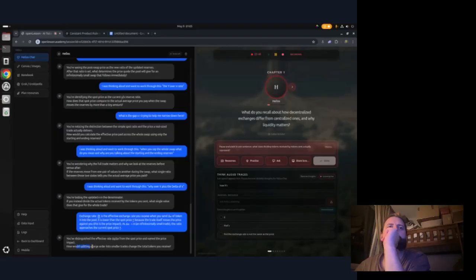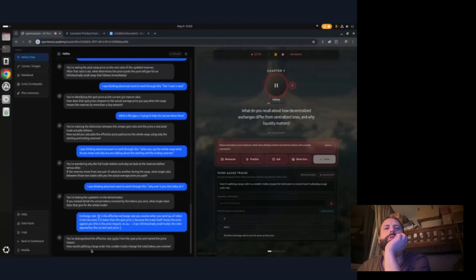How would splitting a large order into smaller trades change the total tokens you receive?